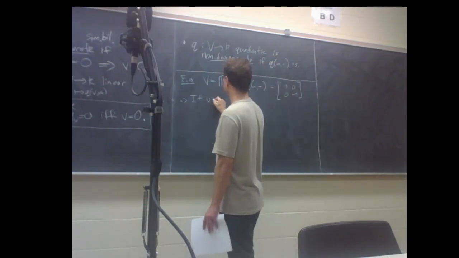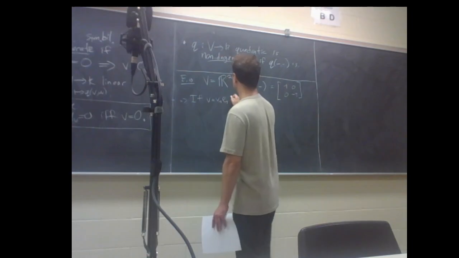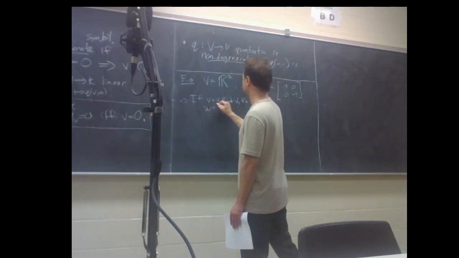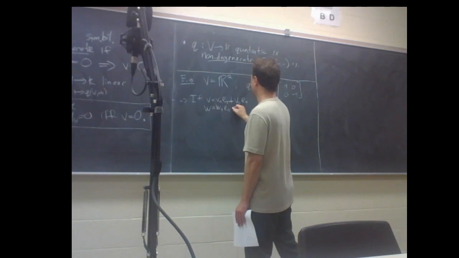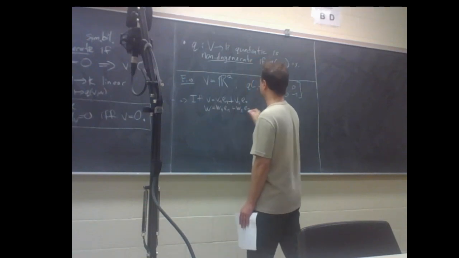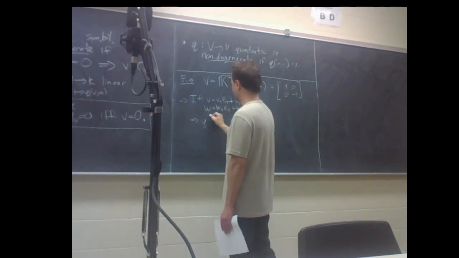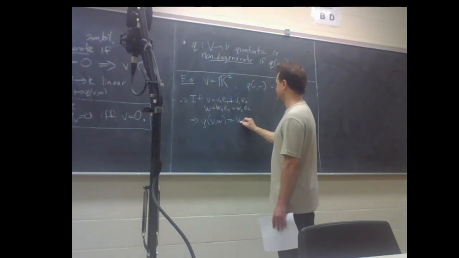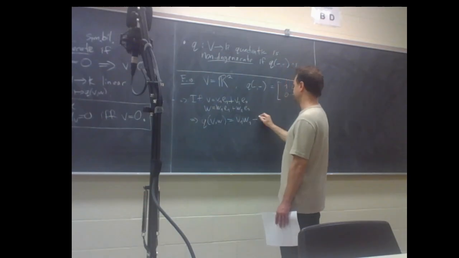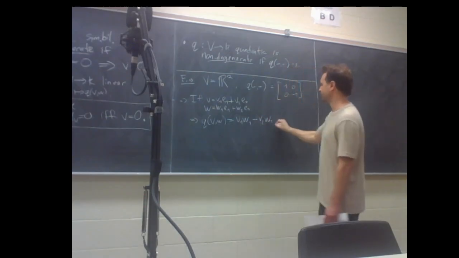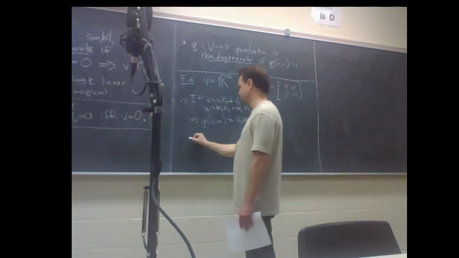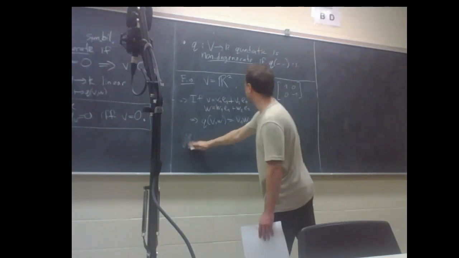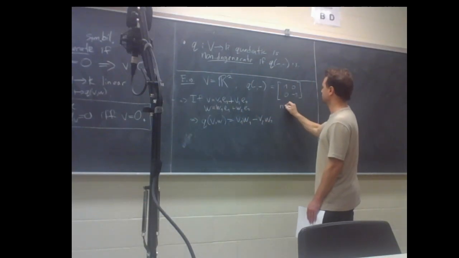So V equals V1 E1 plus V2 E2, and W equals W1 E1 plus W2 E2. Then our pairing between V and W is equal to V1 W1 minus V2 W2. And in particular, the claim is that this is non-degenerate. You can check.